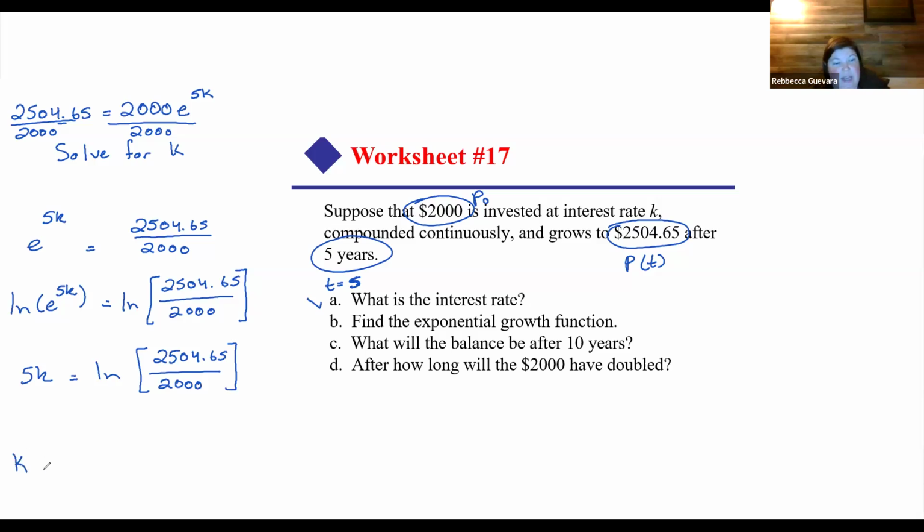So if I just want my k, my interest rate, that means I have to divide by 5 here and divide by 5 here. So it's going to be natural log. I'd keep this all in parentheses when you do this natural log, and then remember to move outside the parentheses to divide by 5.